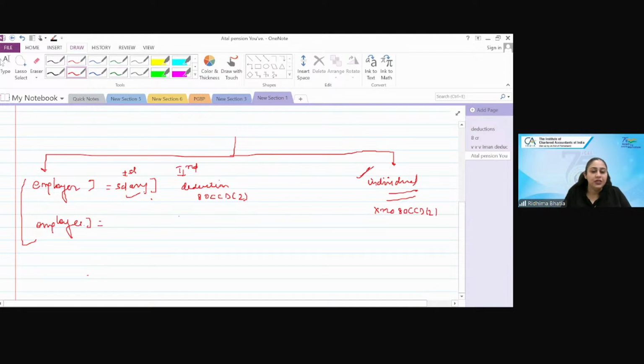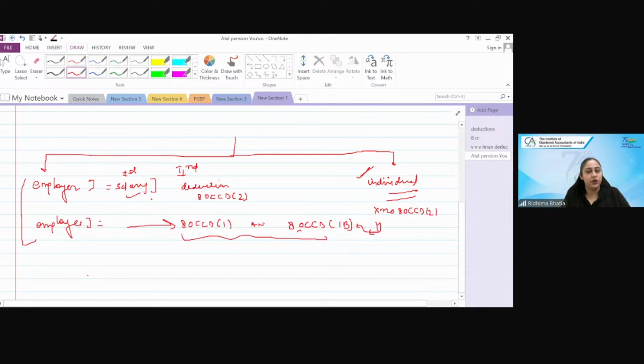Now, what about the employee contribution? Employee contribution and individual contribution both get divided into two sections: 80CCD subsection 1 and 80CCD subsection 1B. Please everyone focus here.